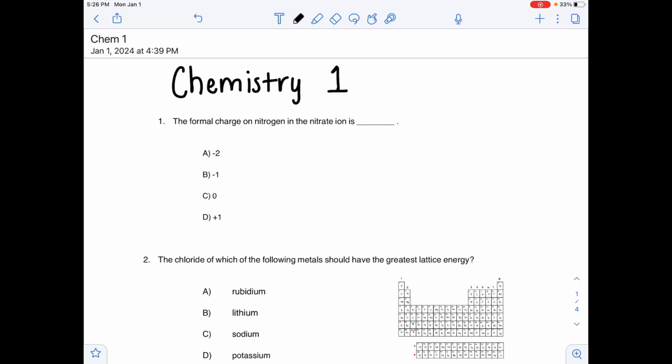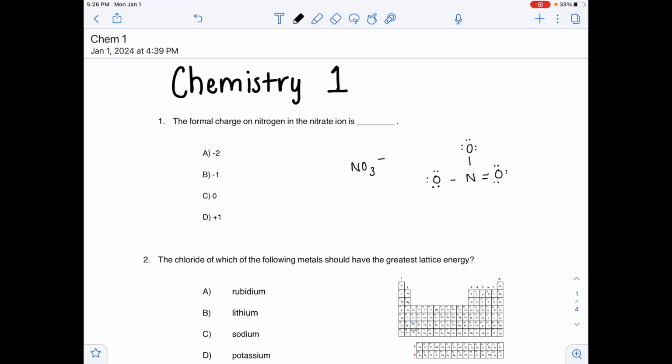So first you have to know that the nitrate ion is NO3 minus, and the Lewis structure for the nitrate ion is going to be N with 3 oxygens surrounding it, a double bond there, and lone pairs surrounding the oxygen.